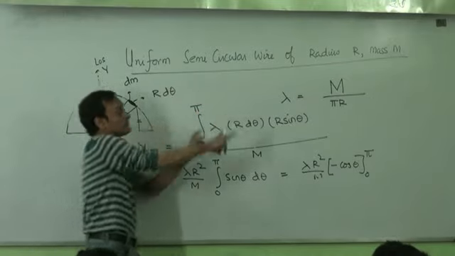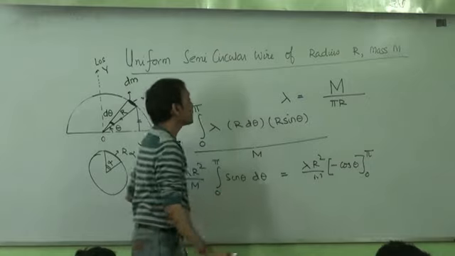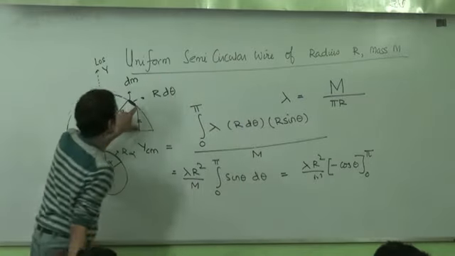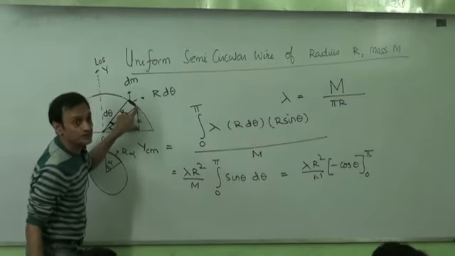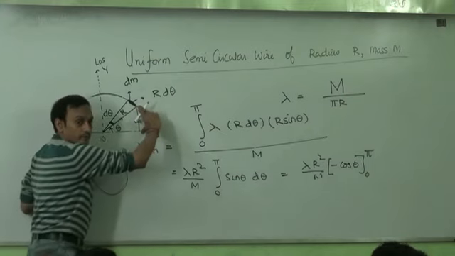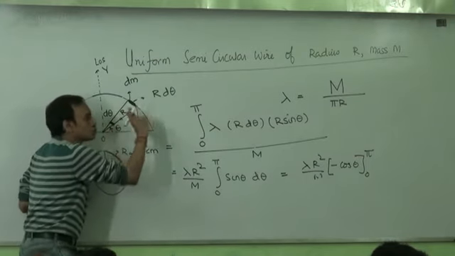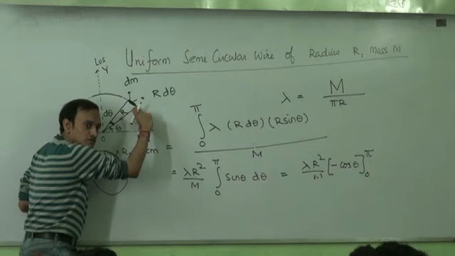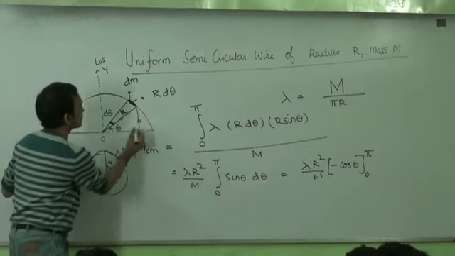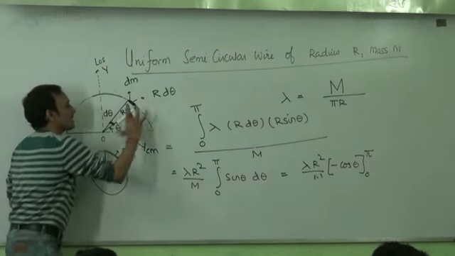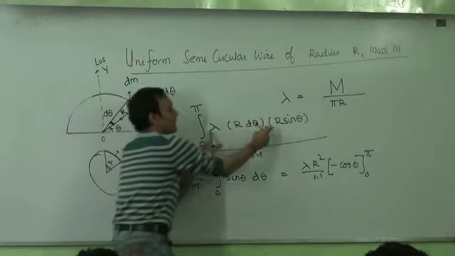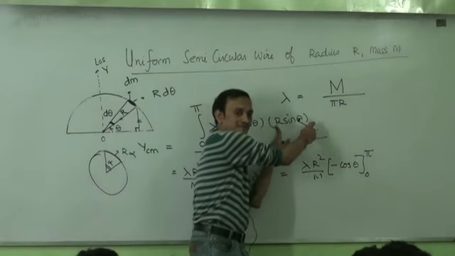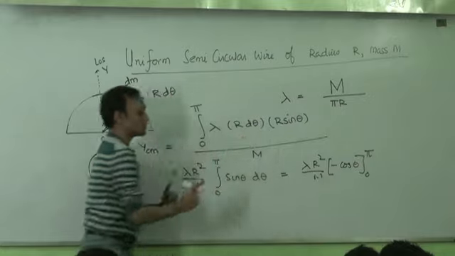Lambda is the mass per unit length, as you can see, m by pi r, right? Into the y coordinate of this element. The y coordinate of this element is this length. This is r, so this is r sine theta. So mi into yi, r sine theta, divided by the total mass.